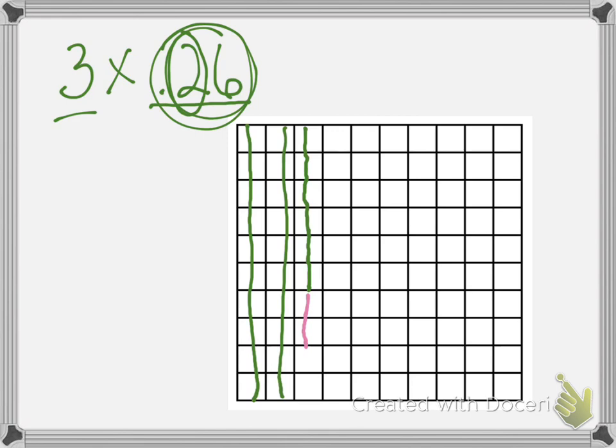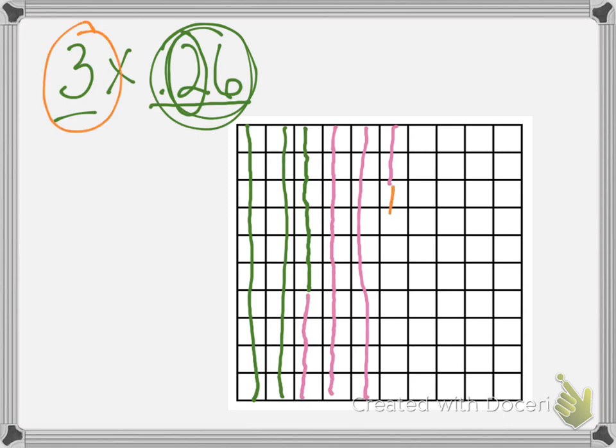So 1, 2, 3, 4, 5, 6, 7, 8, 9, 10, 11, 12, 13, 14. And then of course this would be another 10, 24, 25, 26. So you do need to be careful on this one, on your counting. So there's two 26 hundredths.